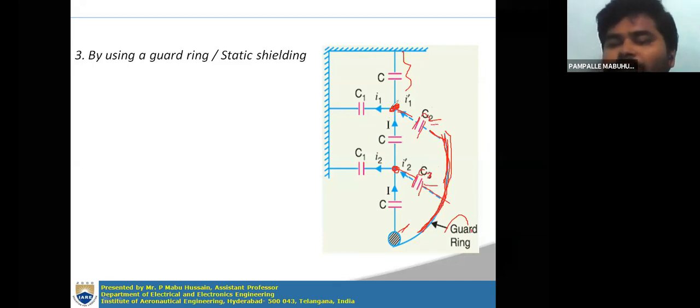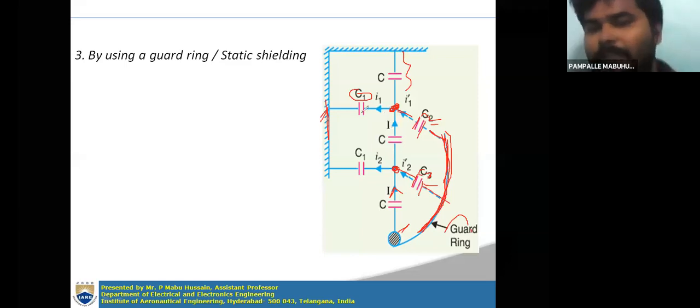Already you know that between this metal link and this tower, which is connected to the ground, you have shunt capacitance. When current I is flowing from the conductor through the disc, this I will be distributed to C1 and C3 here, and similarly here also.